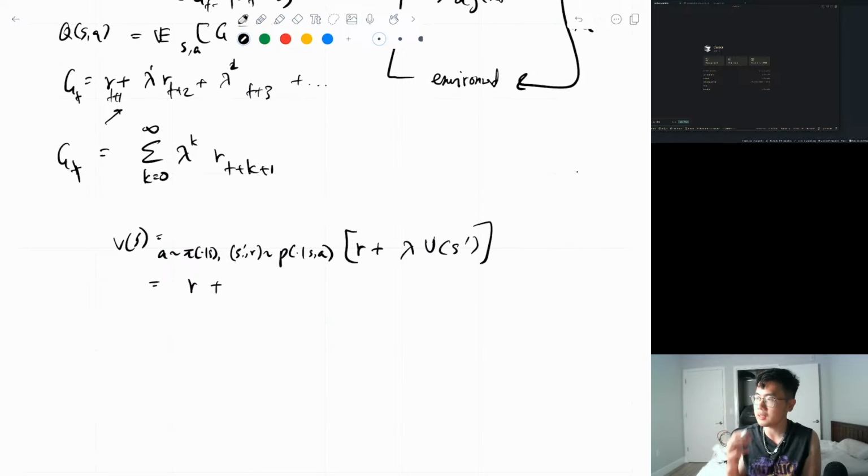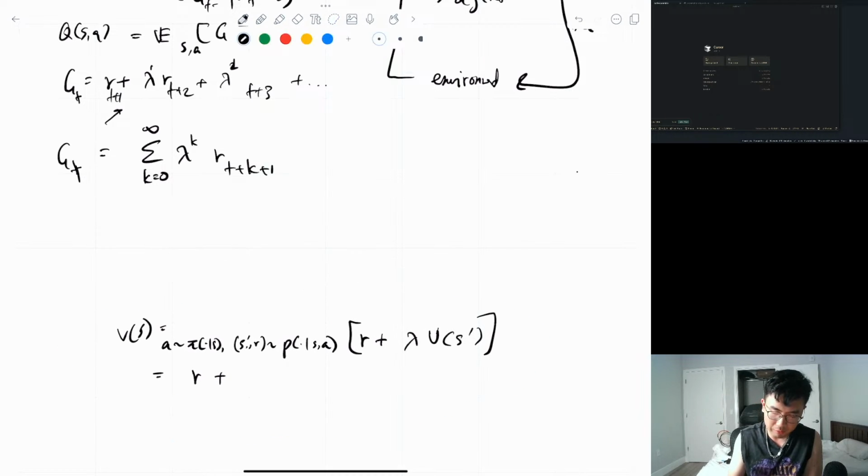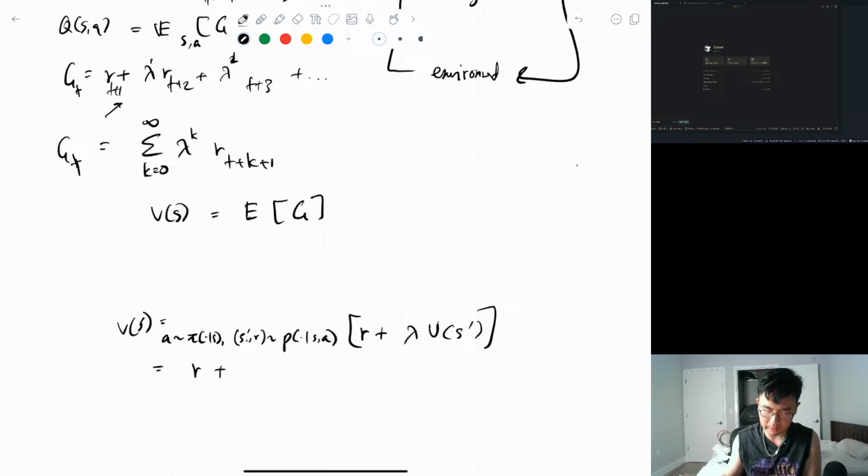I'm just explaining how reinforcement learning works right now, right? All right, so our value function should capture our expected return, right? So expected return is equal to E of G, where G is simply the sum of discounted rewards.